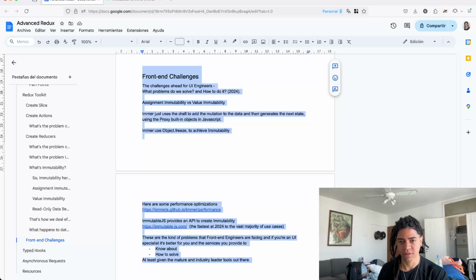One of the value offerings of UI engineers to companies. Describe their role with state.